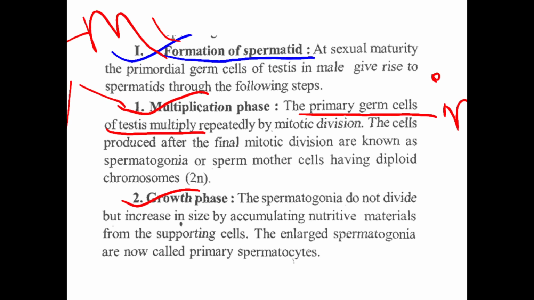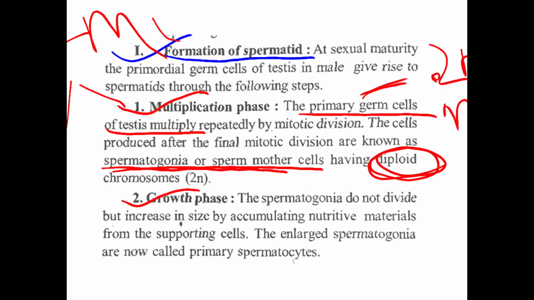By repeated mitotic division, primary spermatogonia are formed, having diploid number of chromosomes. The primordial germ cell is diploid, and after the mitotic division, the spermatogonia formed are also diploid.